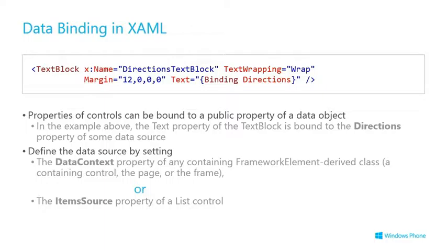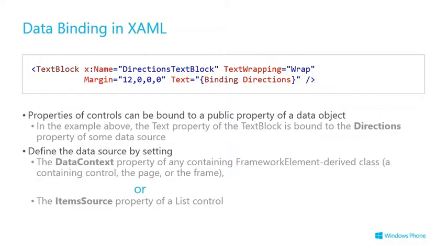So you could actually set the text, but instead we've got this thing called a binding statement, which is pointing at something called directions. Now, directions here is the property of that recipe data item. So we're giving it the name of a property in our underlying data object. And that's a binding statement. Then somewhere else on the page, or indeed you could do it on this element, but typically you do it on the page, you set something called a data context.